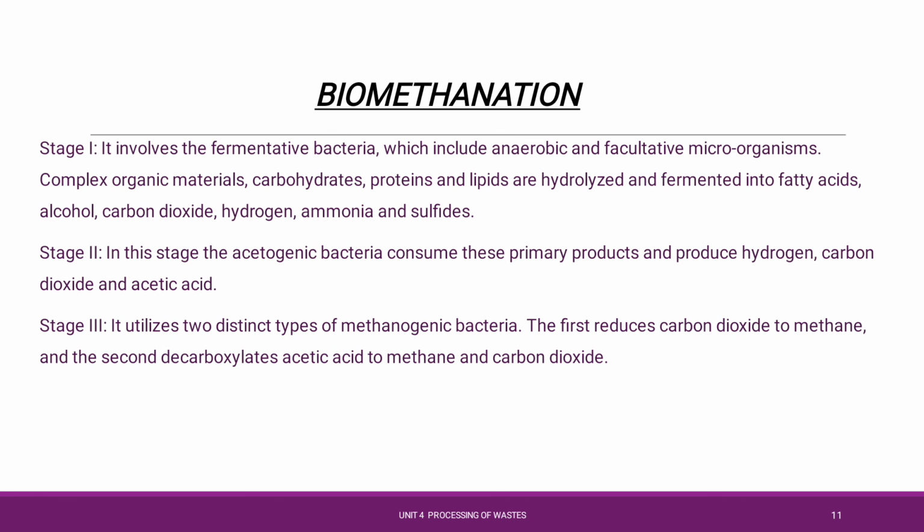The monomers obtained are then utilized by the acetogenic bacteria in the second stage and produce hydrogen, carbon dioxide and acetic acid. At the third stage, methanogenic bacteria first utilize the carbon dioxide that was evolved and then reduce it into methane, and the acetic acid into methane and carbon dioxide, which enhances the generation of biogas.